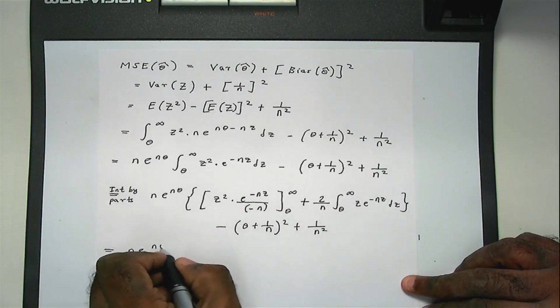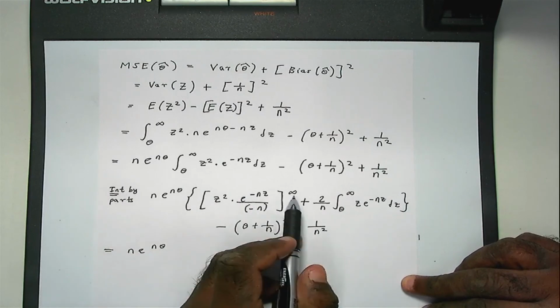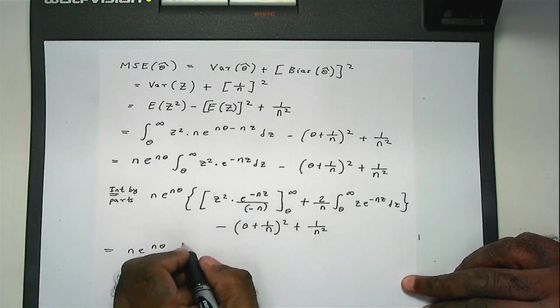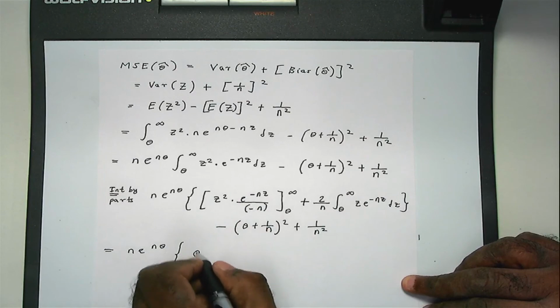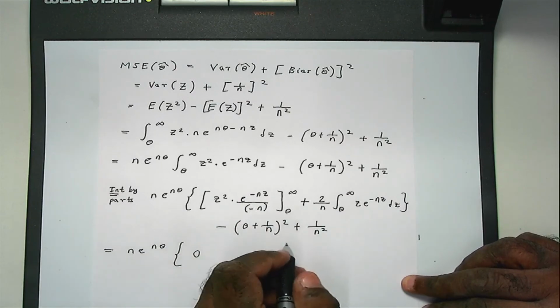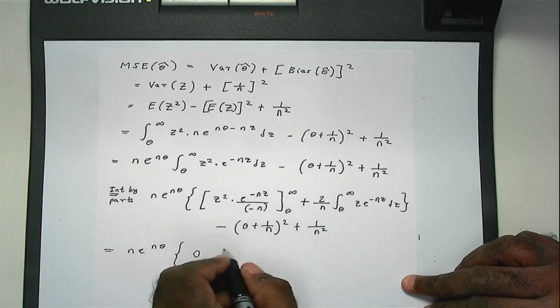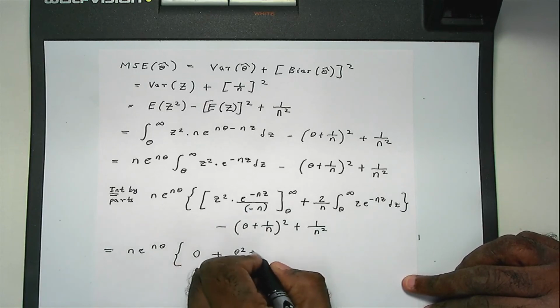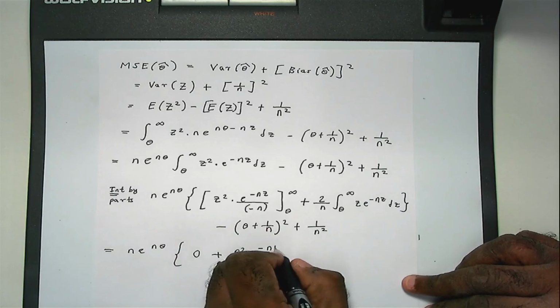The limit at infinity will be 0, right? And the limit at theta will be minus, so it gives you plus theta squared.